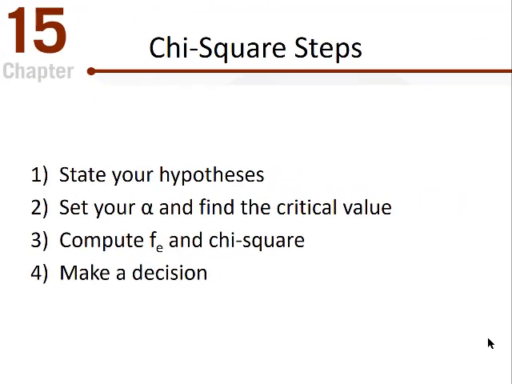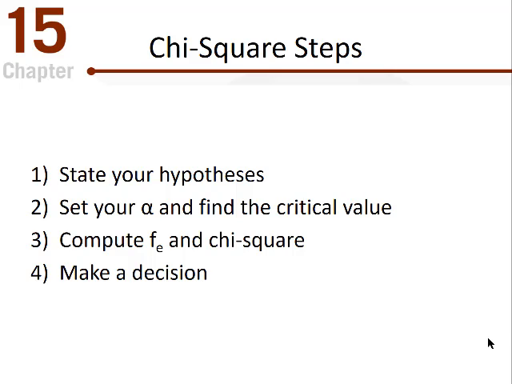The steps for chi-square are exactly the same ones we had before. You start by stating your hypotheses, that is your null hypothesis and your research hypothesis. So if the question is, do men and women differ in what they are willing to give up in order to keep their internet? The null hypothesis is they do not differ. The research hypothesis is, yes, they do differ.